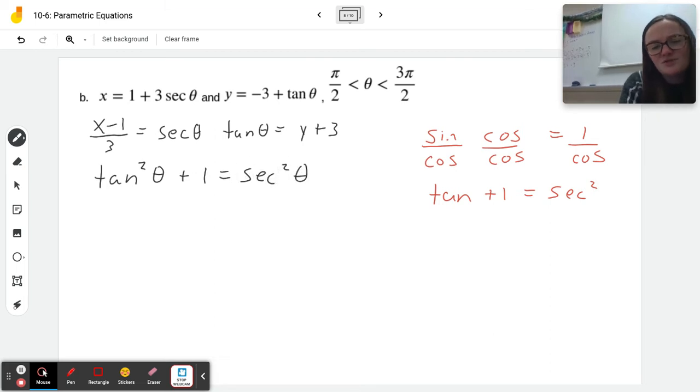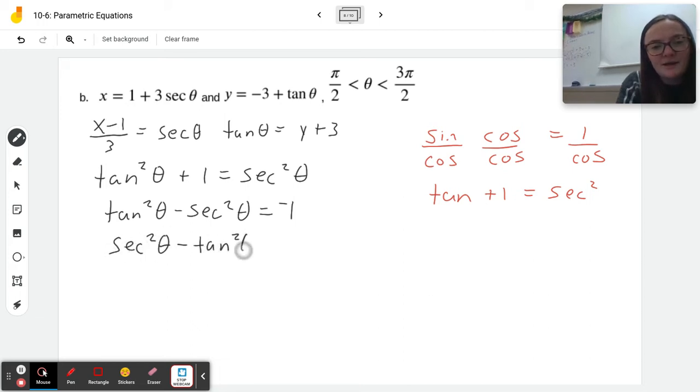One thing we could do is rearrange this a little bit and get that tangent squared theta minus secant squared theta is equal to negative 1. If we flip this around one more time, this is the same thing as secant squared theta minus tangent squared theta equal to 1. Thankfully, we already know what secant of theta is.